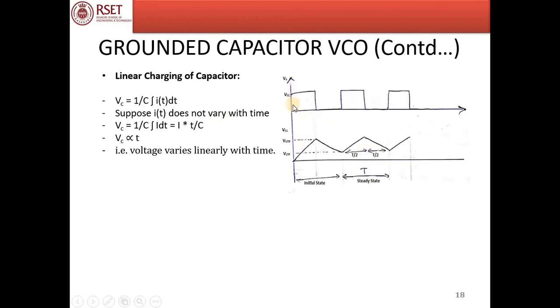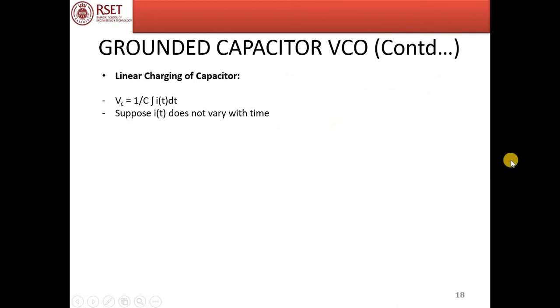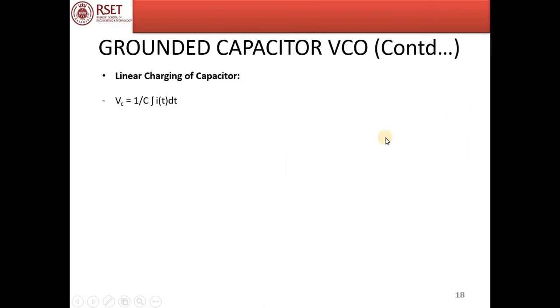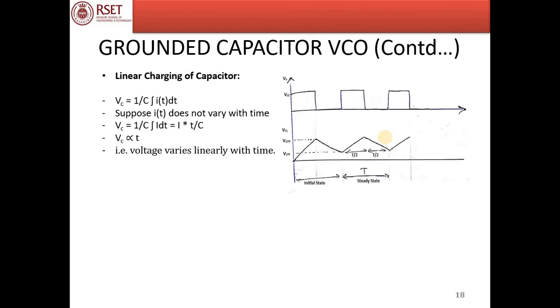Now this is the output of the Schmitt trigger and the capacitor of the previous circuit. Let the output of the Schmitt trigger vary between 0 and VCC.